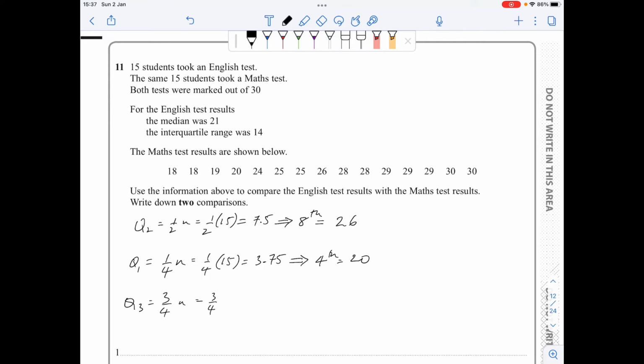So 3/4 of 15, which is 11.25. Note I'm rounding to the next integer. So that's the 12th one, which is 29. So the IQR is equal to Q3 minus Q1, which is 29 minus 20, which comes out to be 9.